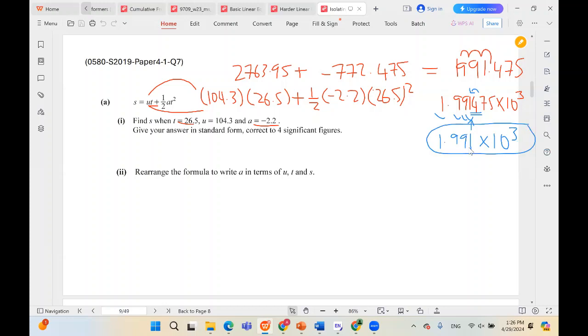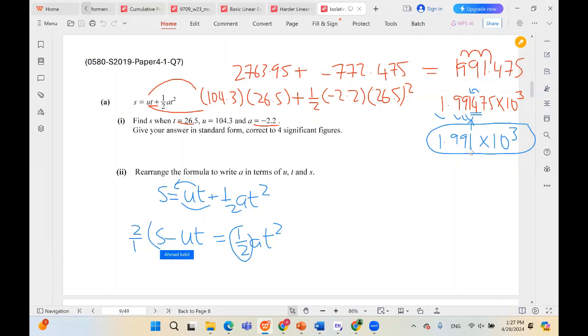For double I, we want to rearrange the formula to write A in terms of u, t and s. So we have s equals ut plus half at squared. We want to isolate the A, so first let's get rid of this term. So we would get s minus ut equals half at squared. Then we want to get rid of the half, so it goes to the other side. You flip the fraction, becomes 2 over 1.